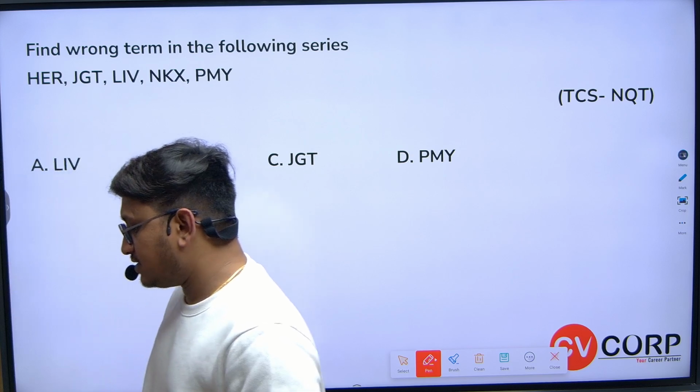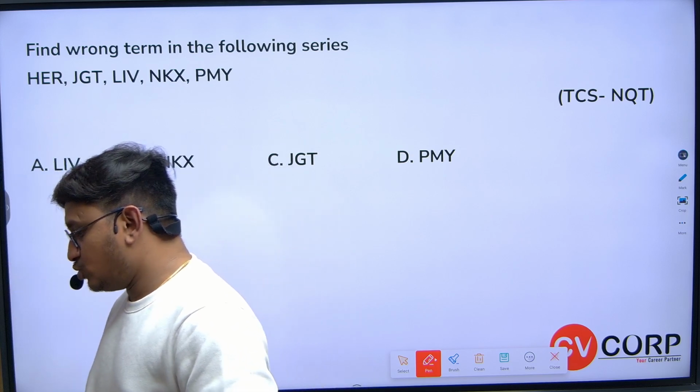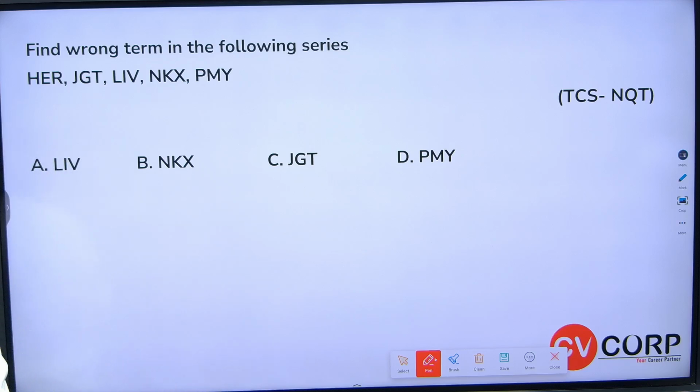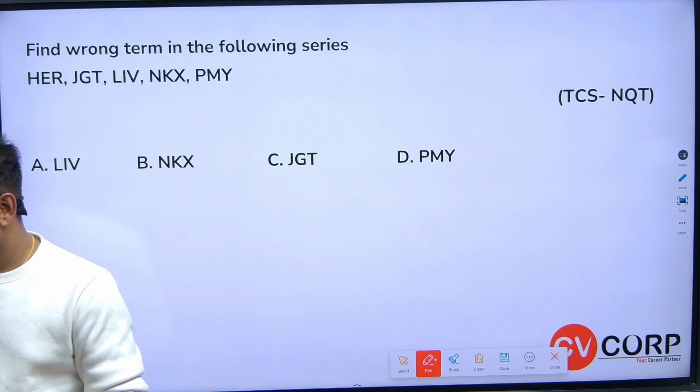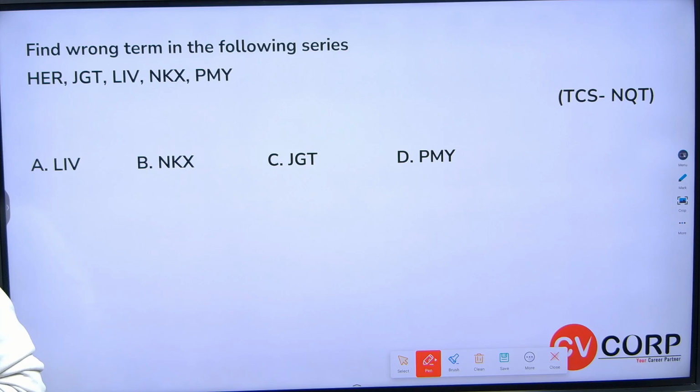Yeah, here I can see plus 2. Yeah, PMY, option D. Yes. Could you please post that logic as well? Let me check the logic, whether you are on the right track or not. It's exactly PMY.